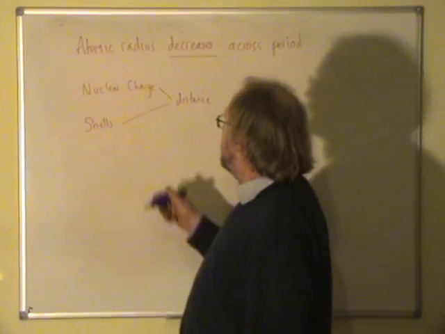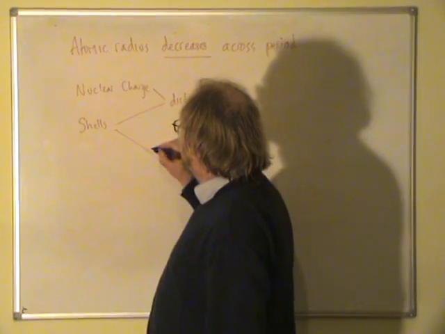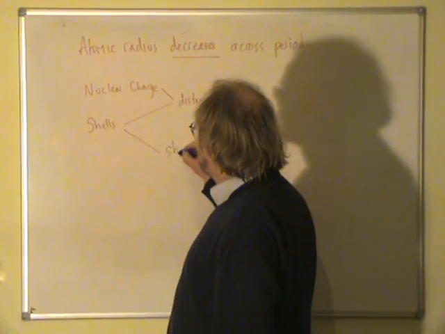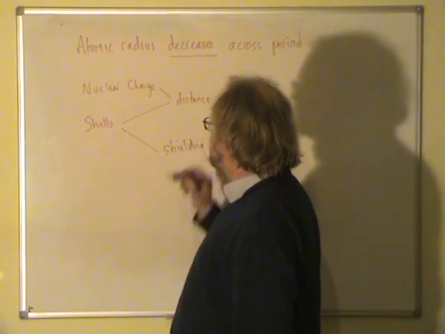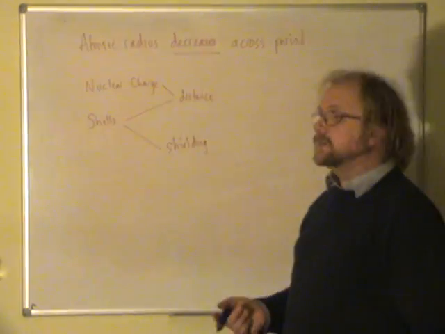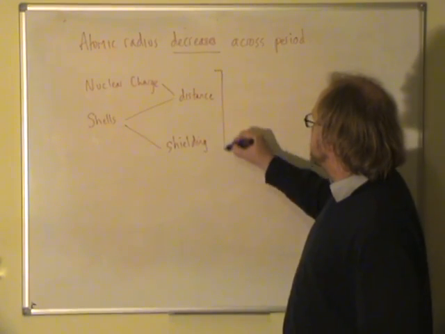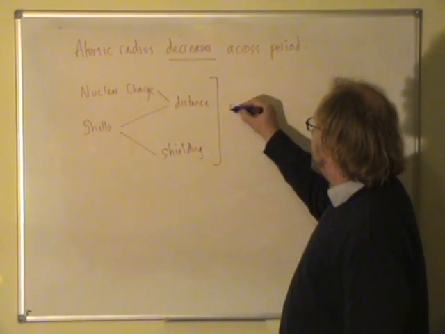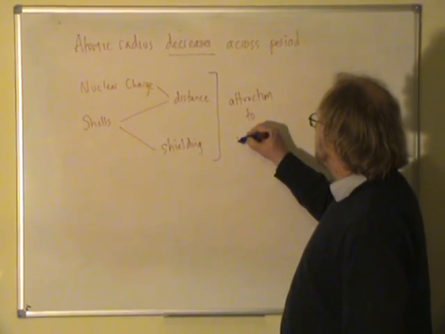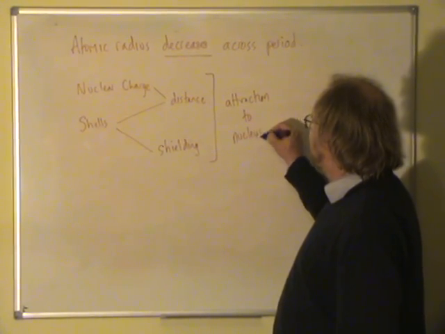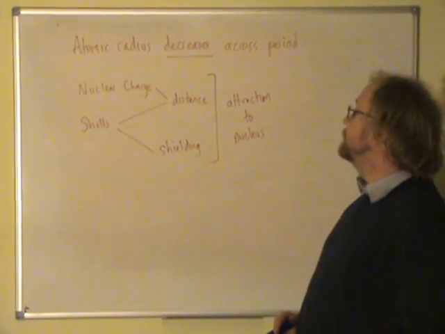But the other thing that the shells influence is how much shielding there is. Remember, that's repulsion from electrons in inner shells. So the more shells you've got, the more shielding you've got. And all of those things together affect the attraction to the nucleus. And as we said, that's crucial to limiting the radius of the atom.